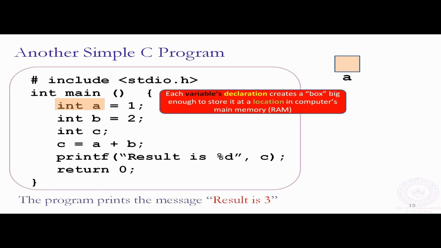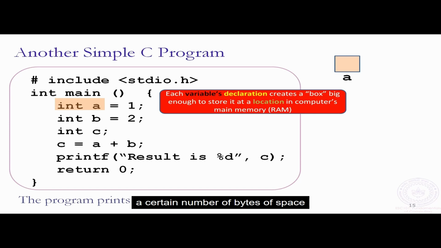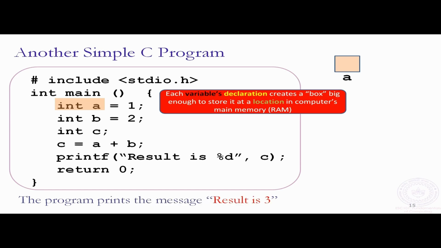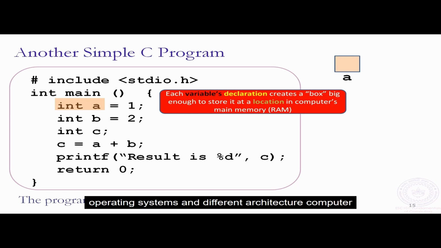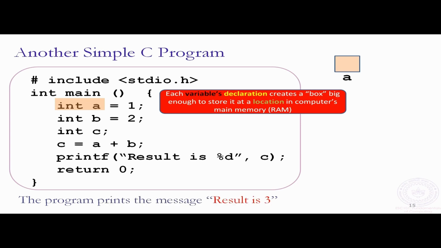An int in C is a variable that can store an integer that will occupy no more than a certain number of bytes of space. And that number of bytes, as we'll see in the coming lectures, varies across different operating systems and different computer architectures.